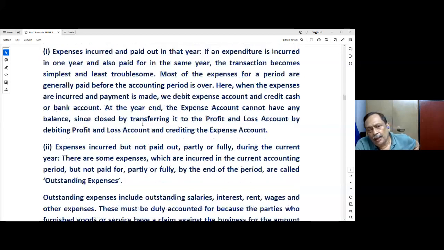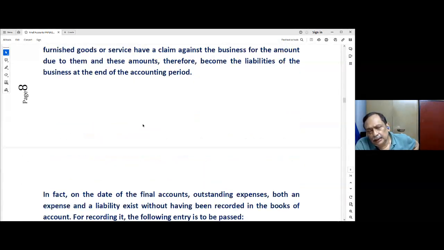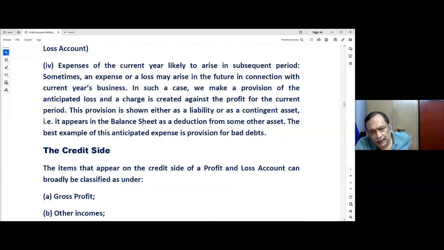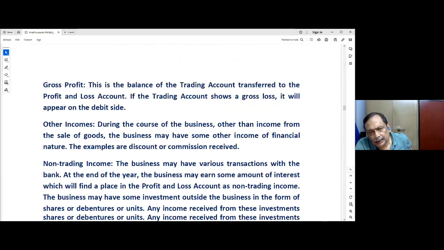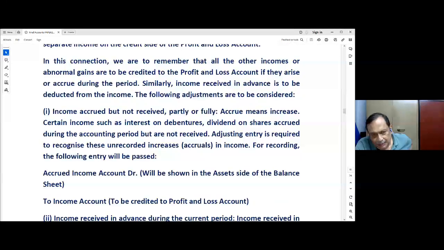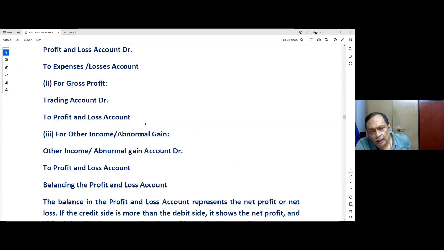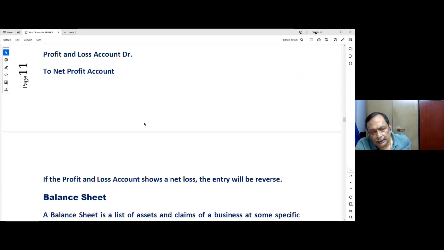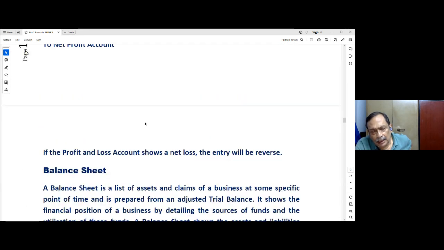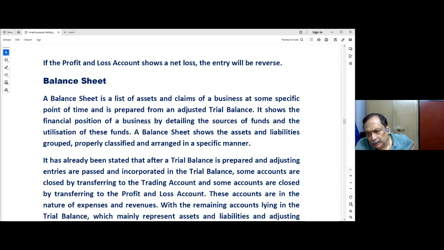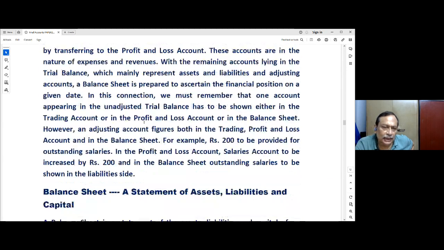And we have considered the various adjustments. I'm just making the synopsis. We have made the closing entries and how the balance sheet is actually prepared. That I have also discussed.